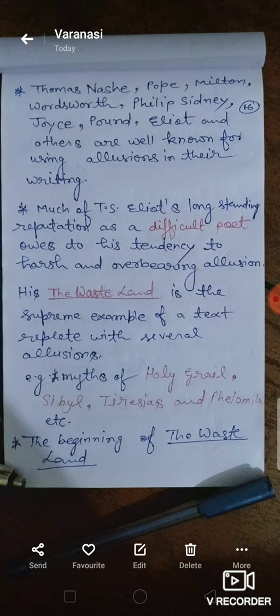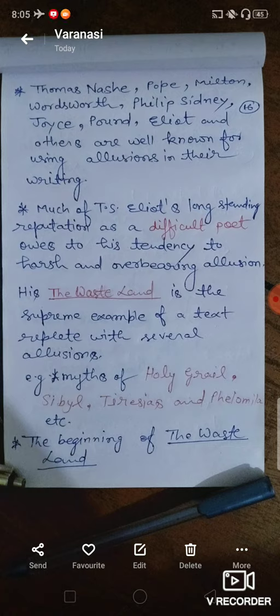It was published in 1913, and the beginning of modern poetry is considered to be from that time. So we see that he is a difficult poet because one aspect of his being difficult is his tendency of using harsh and overbearing allusion.